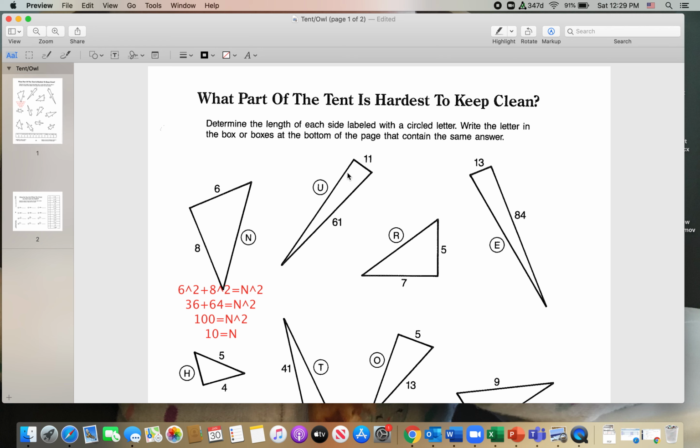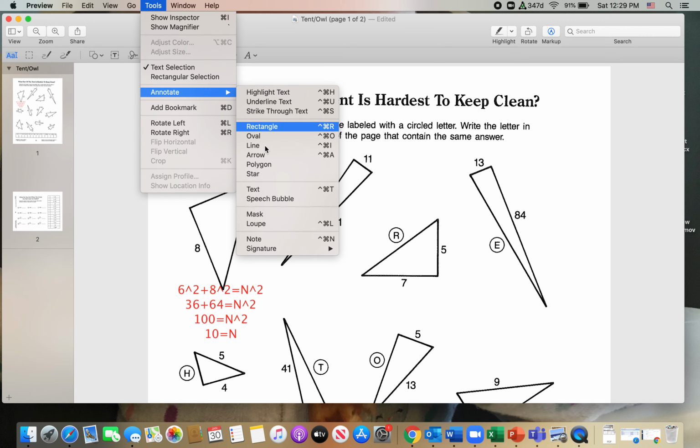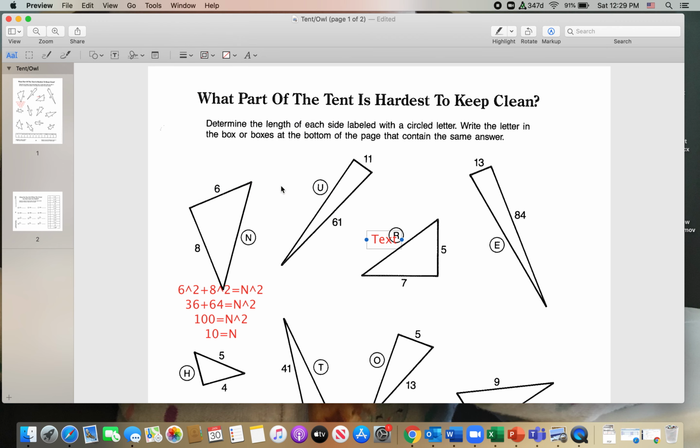You can say u squared plus 11 squared or 11 squared plus u squared. That doesn't matter. But the 61, the hypotenuse, is always the c. So I'll do 11 squared plus u squared equals 61 squared.